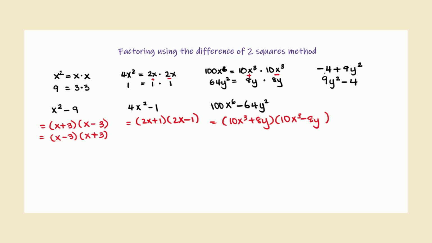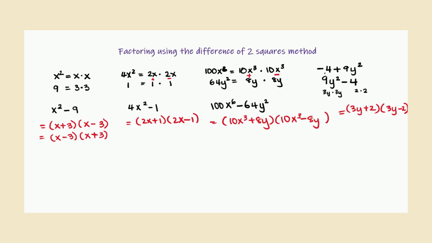And now we'll be able to see that these are in fact the difference of two squares. So 9y squared is 3y times 3y, and 4 is 2 times 2. So to factor this, it would be 3y plus 2 times 3y minus 2.